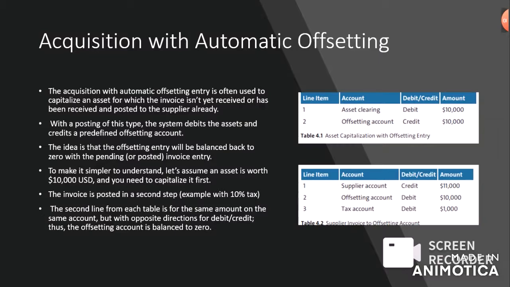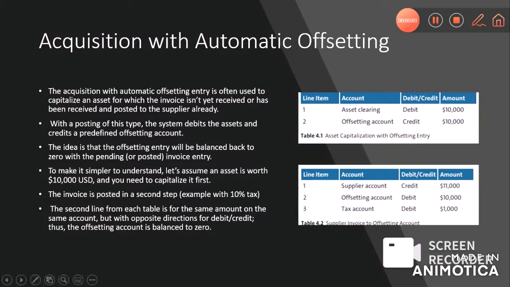So we don't have a supplier yet, so we are posting that to the offsetting account and to the asset clearing account. And in the second one, once we receive the invoice, we will post the supplier account.